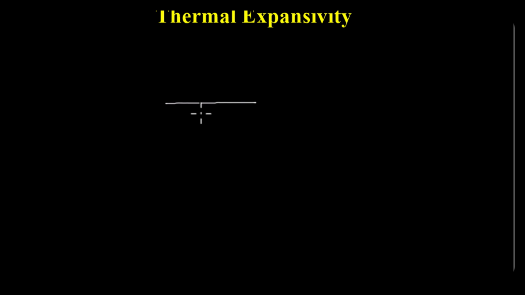So if I apply it to a material that I'm only concerned about its increase in length, that is, initially my length is L0. This is my original length. Then after applying heat to this substance, my length increases, let's say to this factor. So this is my LF.